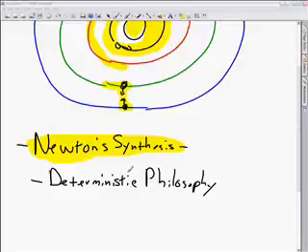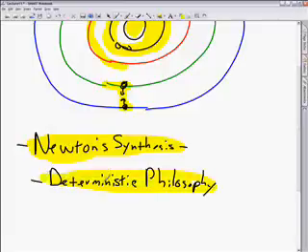Now, in him doing that, he actually caused a great ripple in philosophy with deterministic philosophy. And this has to do with cause and effect, and a deterministic worldview, like using Newton's laws.